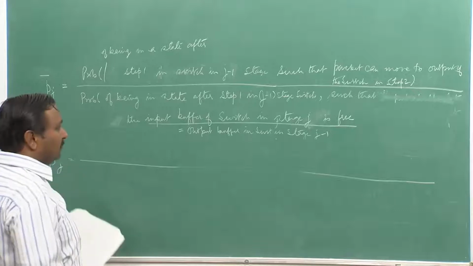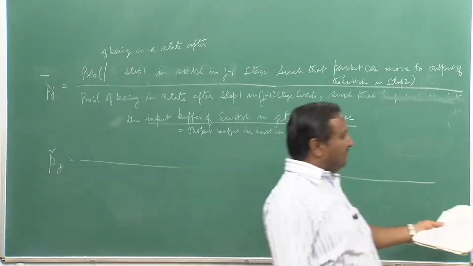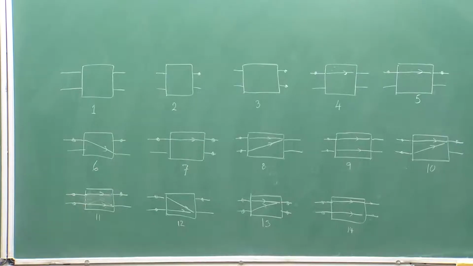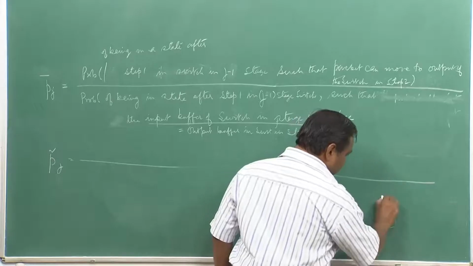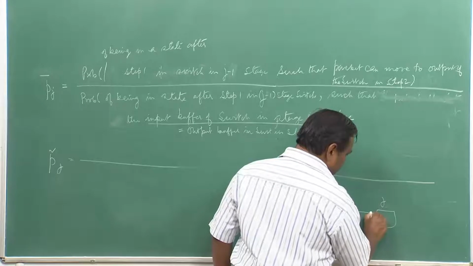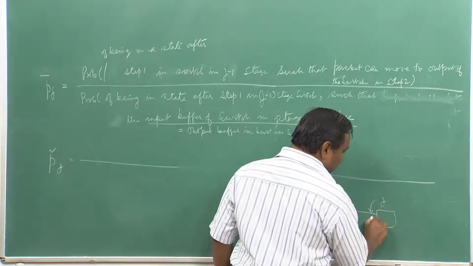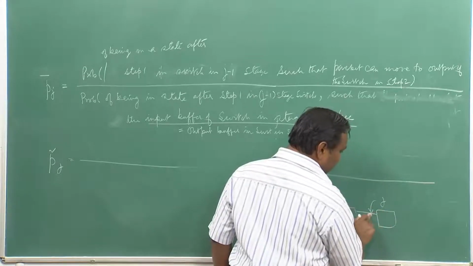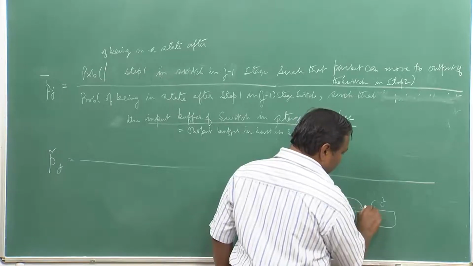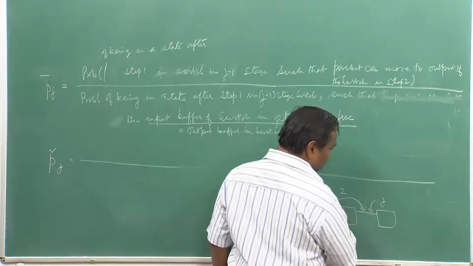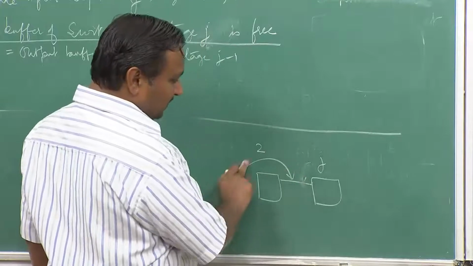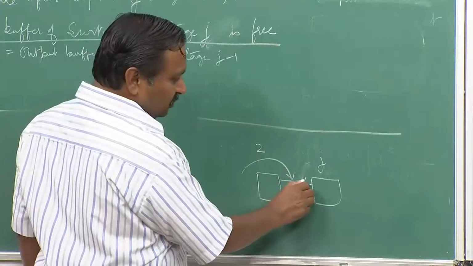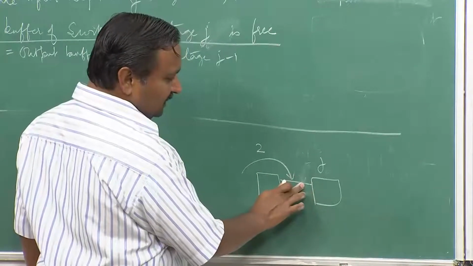So I need to look into these states. I am looking into j minus first. So the switch is something like this. So this is your switch. Okay. So you have to find out whether this is free or not free, and then the packet will be moving. So step 2 will be executing here for the movement. After step 1, which has happened here, there should not be any packet here, that is the first thing.